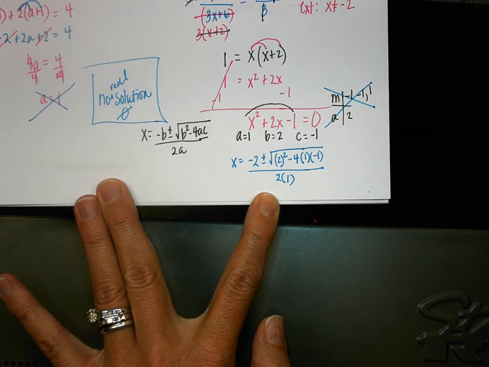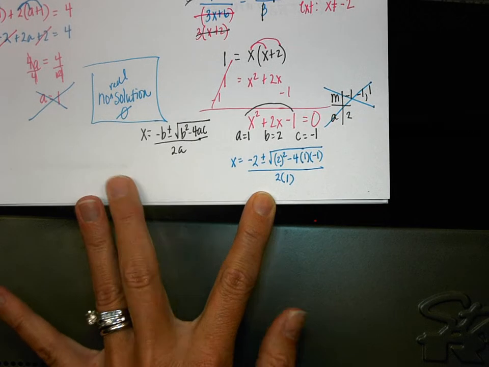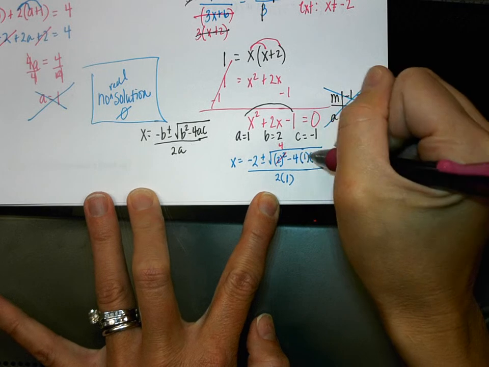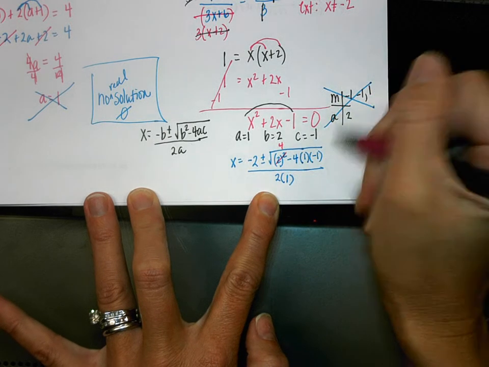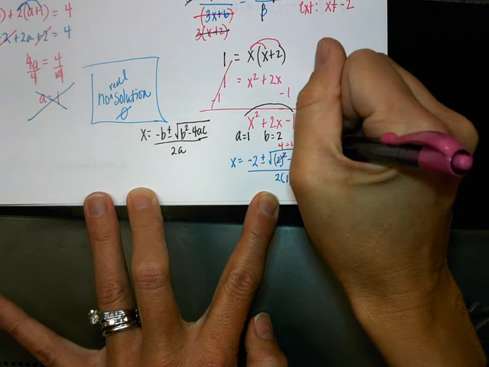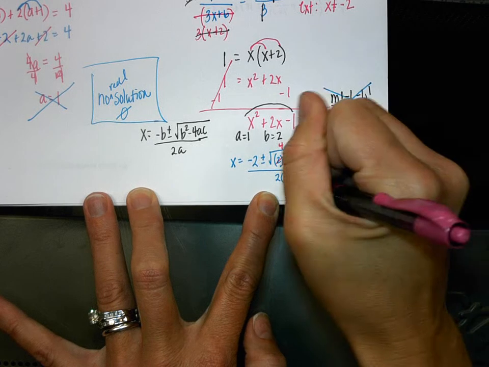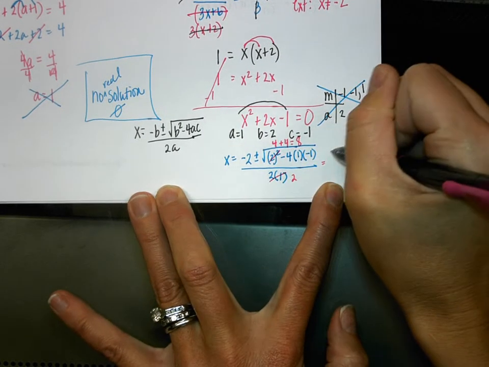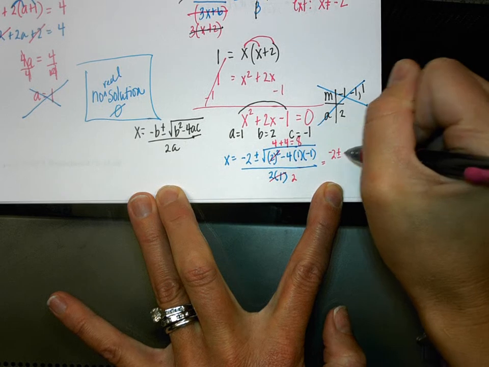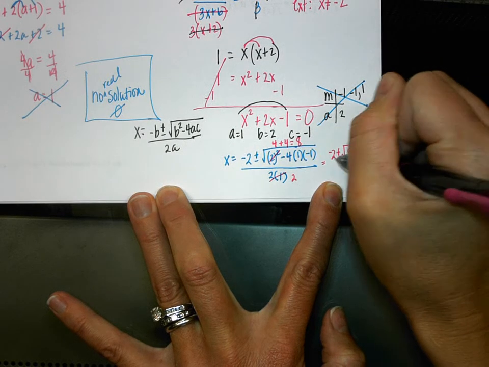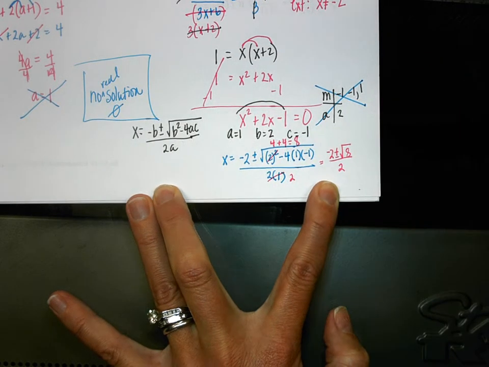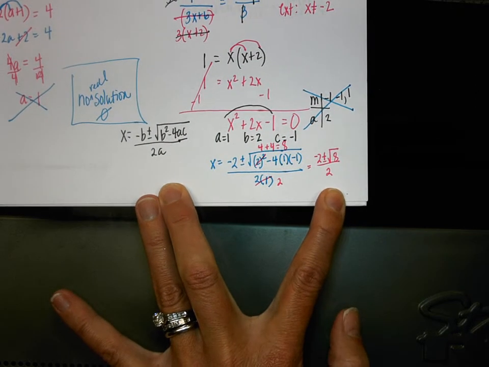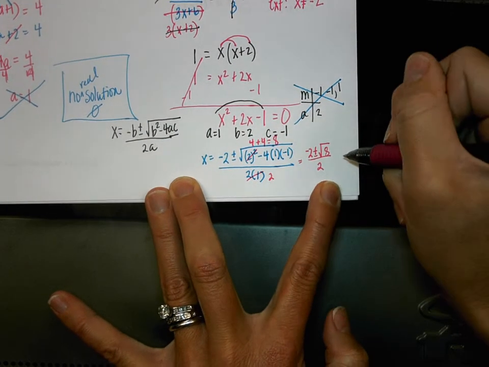So then I go through and simplify, and 2 squared is 4, and -4 times 1 times -1 makes a 4, which equals 8, and 2 times 1 is 2. So when I simplify here, I have -2 plus or minus the square root of 8 over 2. Can the square root of 8 be simplified? Yes. It simplifies to be 2 root 2.